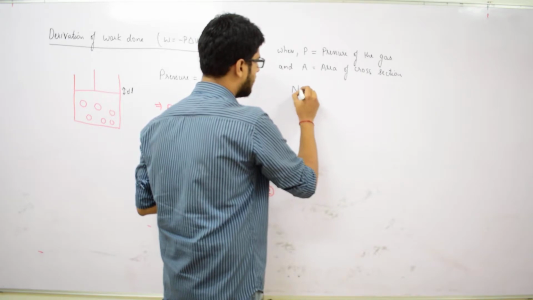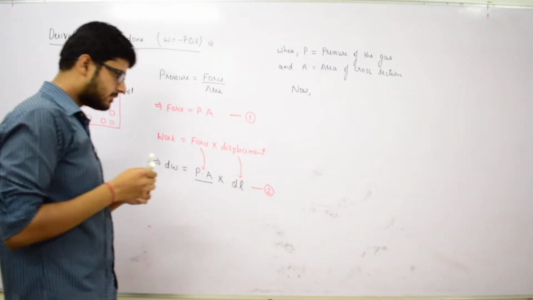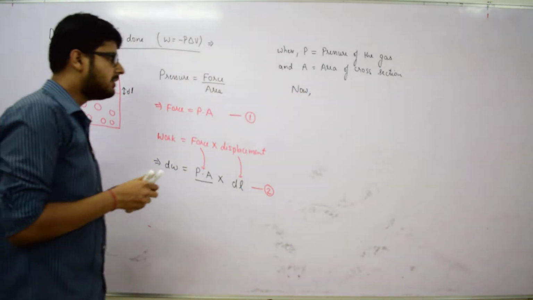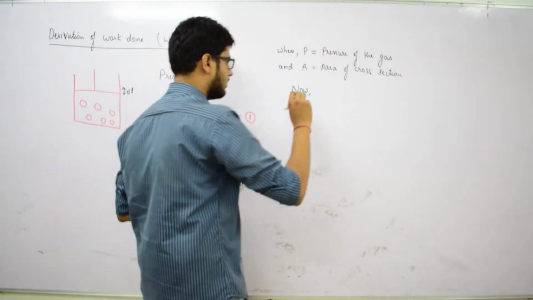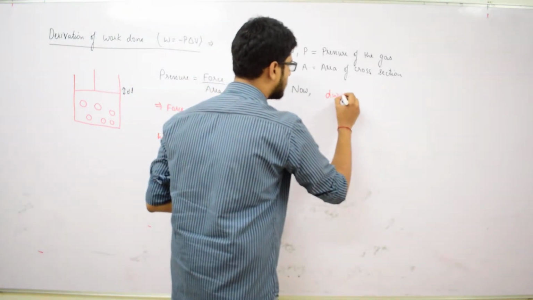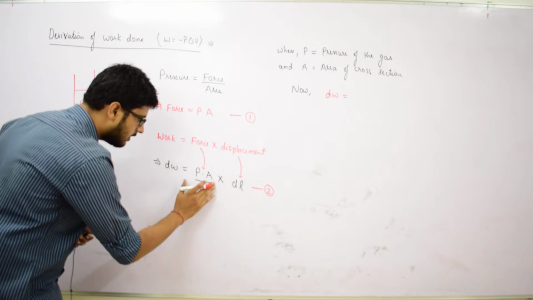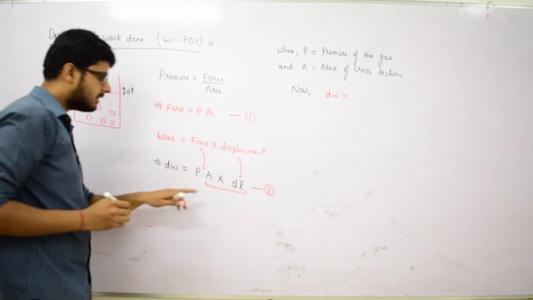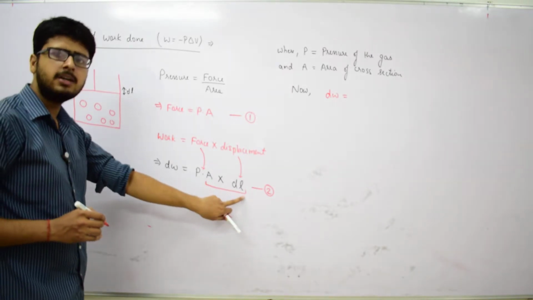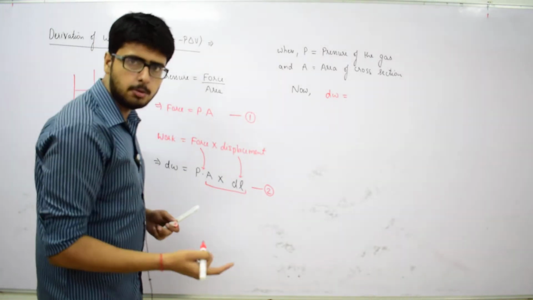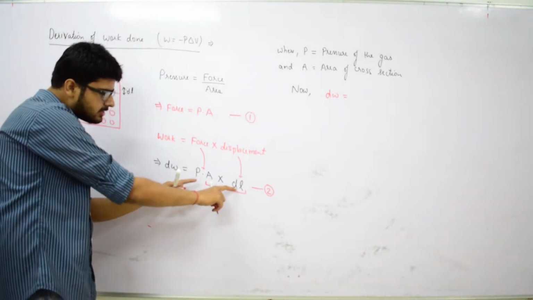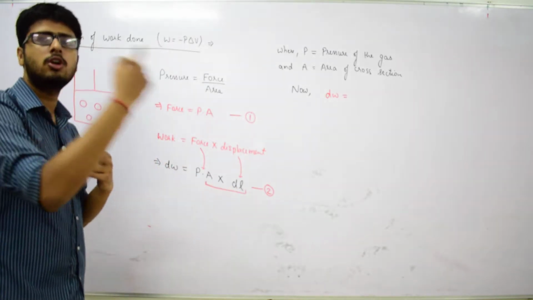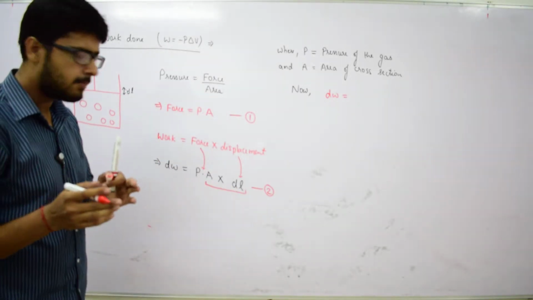Now, we will modify this second equation and we can write it in this expression: dw is equal to, now in place of area multiplied by dl, area multiplied by length element is always equal to volume, and since there is a small change, the change in volume will also be small.